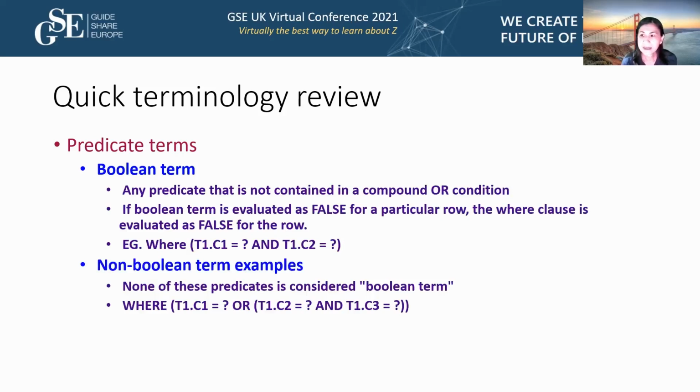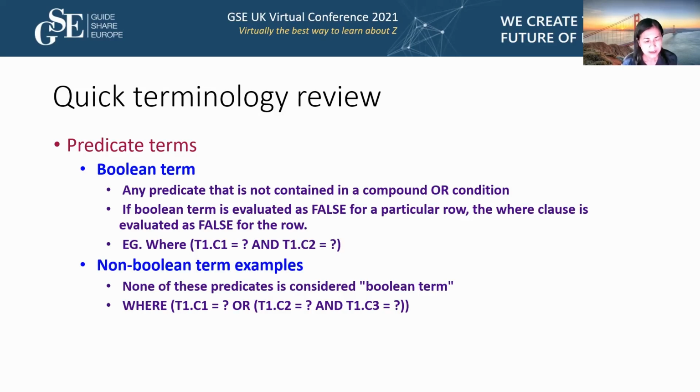A predicate can be either a Boolean term or a non-Boolean term predicate. Boolean term predicates are predicates that are not contained in a compound OR condition. In a Boolean term predicate, if one of the simple predicates evaluates to false, the whole predicate will evaluate to false.